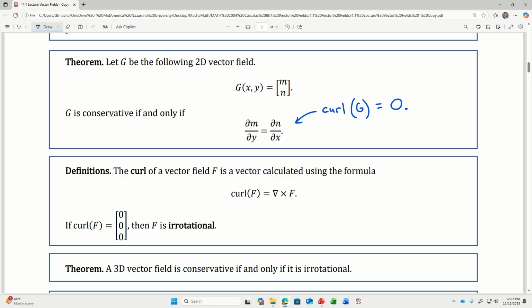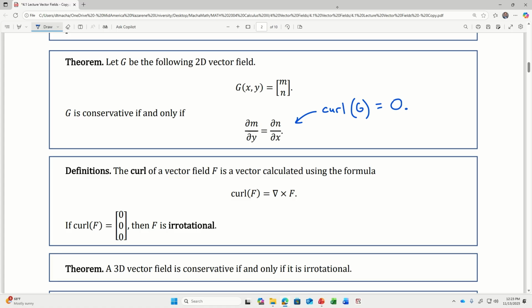And another way to say that is that the partial of the first entry with respect to the second variable is equal to the partial of the second entry with respect to the first variable. If that happens, then the way we define curl for a two-dimensional vector field would be 0. I'll show you that later. We'll actually derive that.